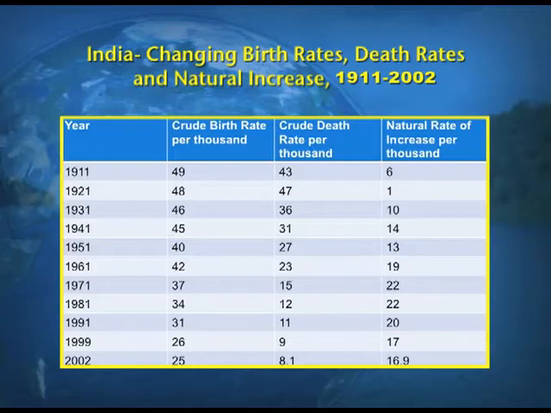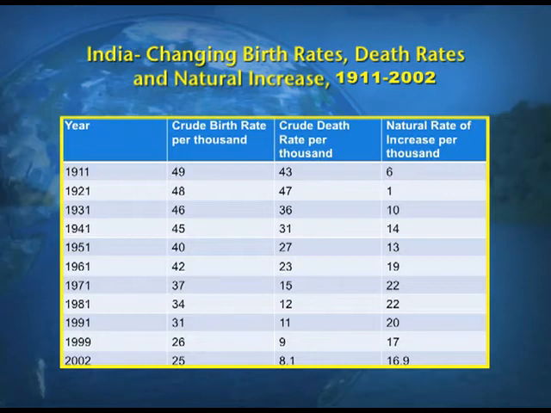So, for the years 1911 onwards up to 2002, if you just look at the last column, which shows the natural rate of the increase per thousand of the population, you can see in 1911 this increase was 6 only, because the birth rate was 49 and the death rate was 43, resulting into the increase of 6 persons per thousand.